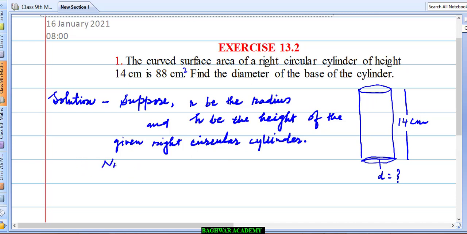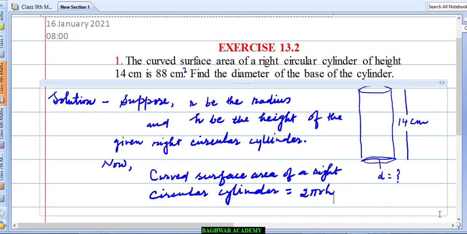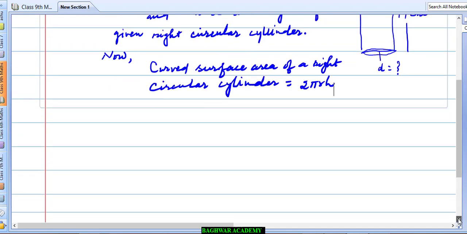It has been given that the curved surface area of a right circular cylinder is equal to 2 pi R H. It means the curved surface area of a right circular cylinder has been given.